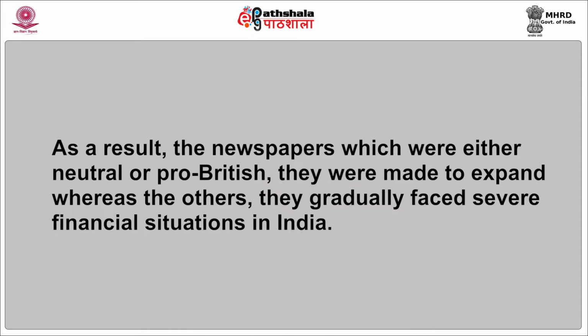The common tactic used by the colonial government to keep the newspaper agencies in line was to cripple them financially by removing all sorts of state funded provision so as to make sure they are unable to sustain their circulations in the long run. As a result, the newspapers which were either neutral or pro-British were made to expand, whereas the others gradually faced severe financial situations in India.